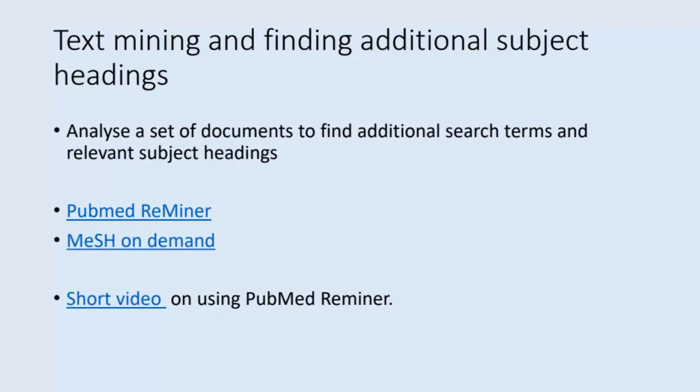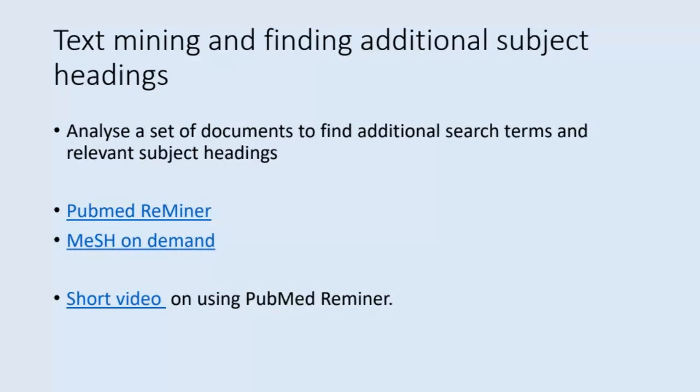There are two really useful tools in medicine and health that we want to tell you about. The first one is PubMed Reminer, and the second one is MeSH on Demand. PubMed Reminer allows you to put some keywords into a search term, and it then searches those keywords and comes up with a list of key terms, a list of subject headings, and some additional things.